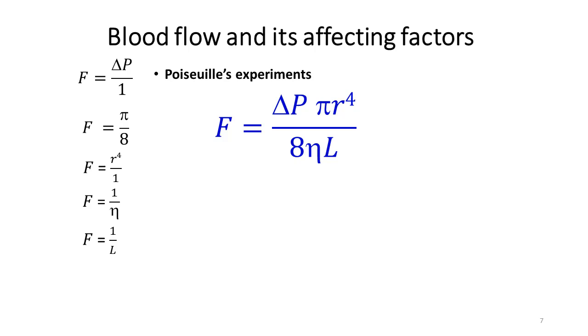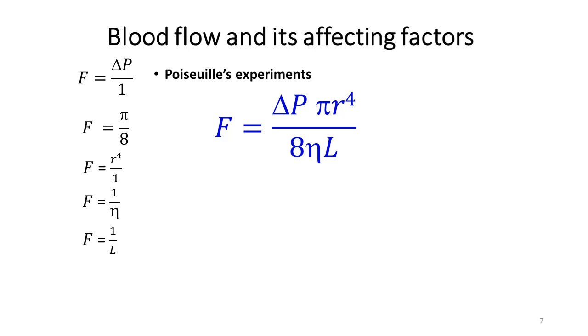In the first experiment, he set up two vessels, and the pressure of one vessel was double that of the next vessel. He found the blood flow doubled in the double-pressure vessel. So he found pressure has a direct relation with flow.